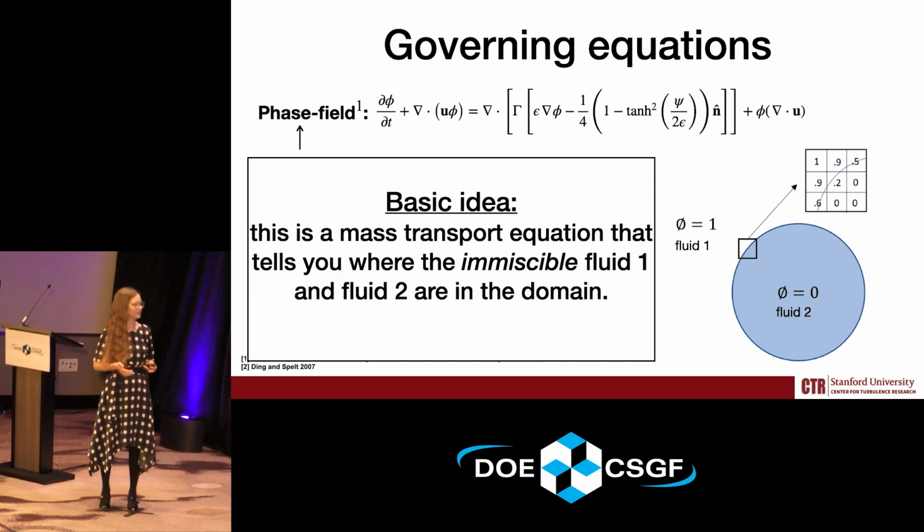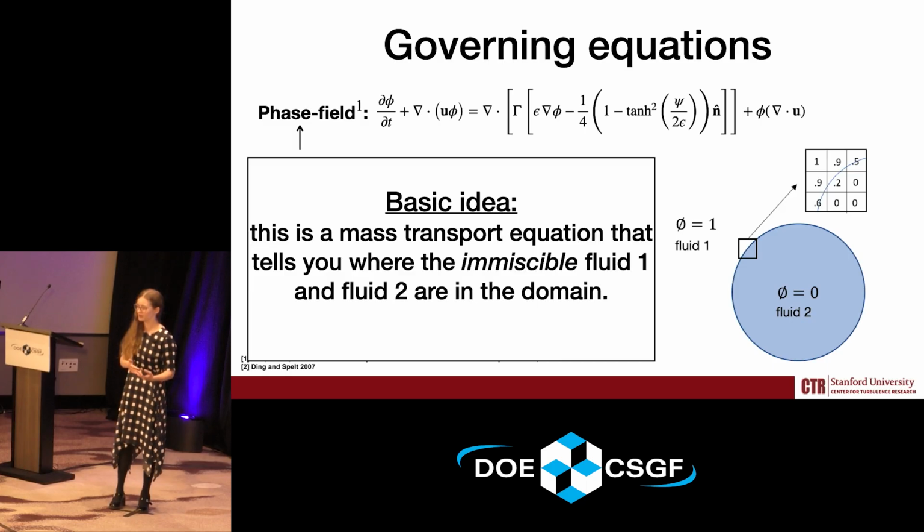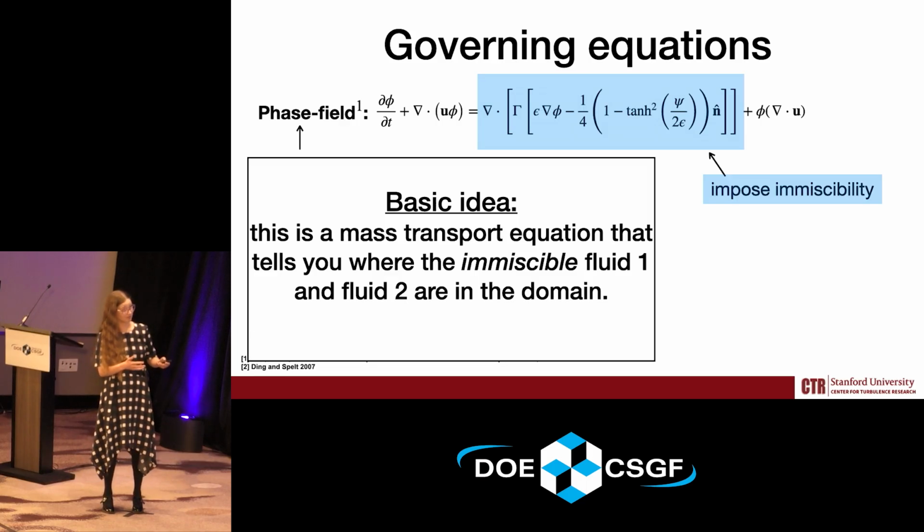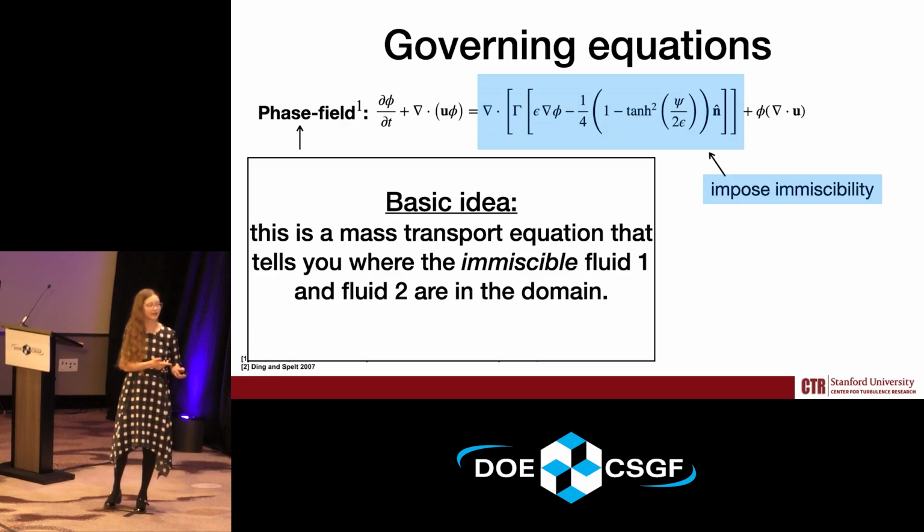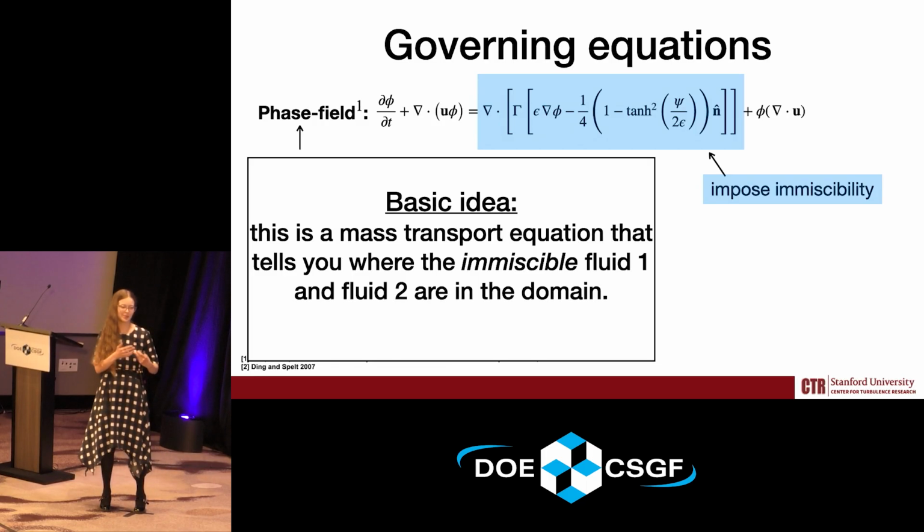The basic idea is this is a mass transport equation that tells you where fluid 1 is in the domain and fluid 2 is in the domain. And the two fluids are immiscible, meaning that they're like oil and water. They don't necessarily mix very well. And so these terms here that I've highlighted impose immiscibility and numerical robustness of the algorithm. So they're more numerically inserted terms.